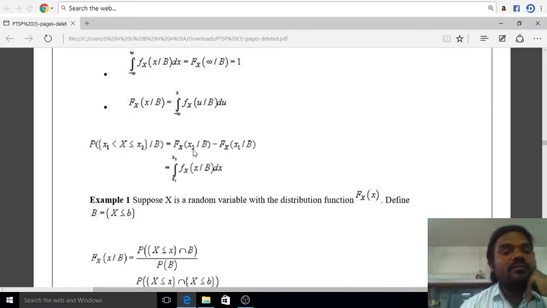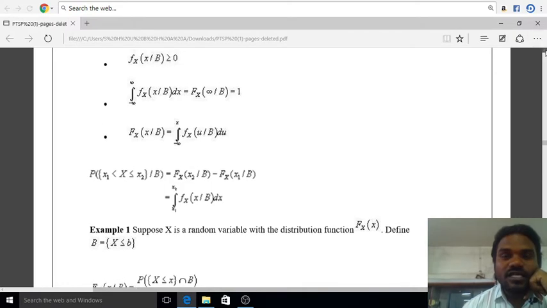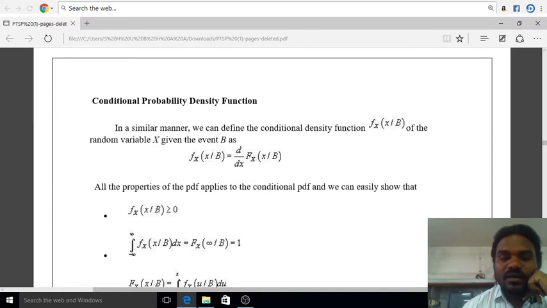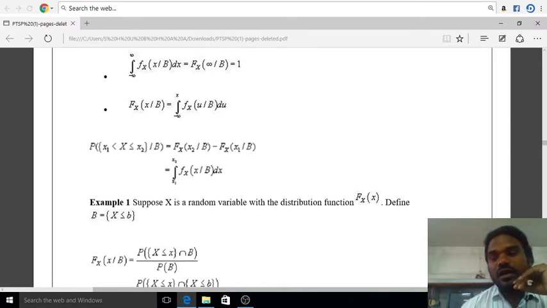That means the distribution function at the x2 value minus the distribution function at the x1 value, which is nothing but the integral from x1 to x2 of fx of x by b dx, where fx of x by b is the conditional probability density function, whereas capital Fx of x by b is the probability distribution function, which may be Rayleigh, normal, Poisson, or binomial.